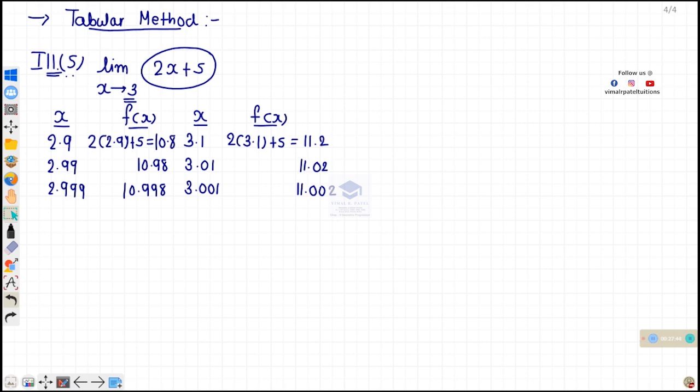So we can say that the limit when x tends to 3 of f(x) 2x plus 5 is equal to, so when the value of x tends to 3, the function will become 11. Okay, this is the tabular method.